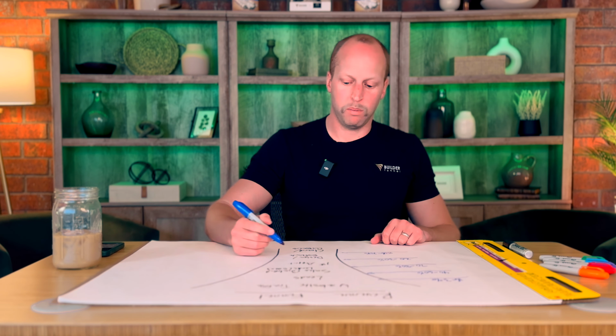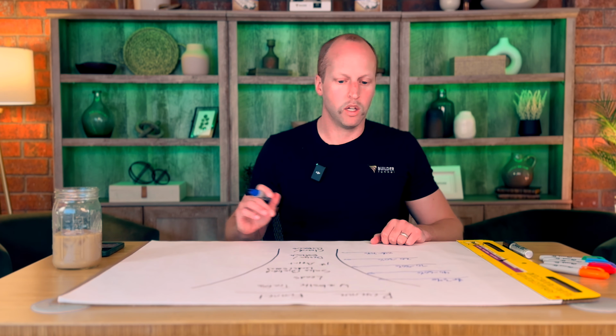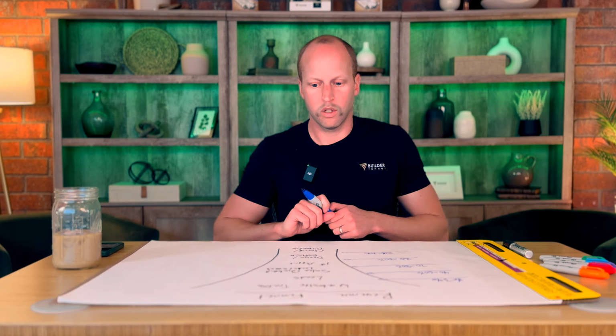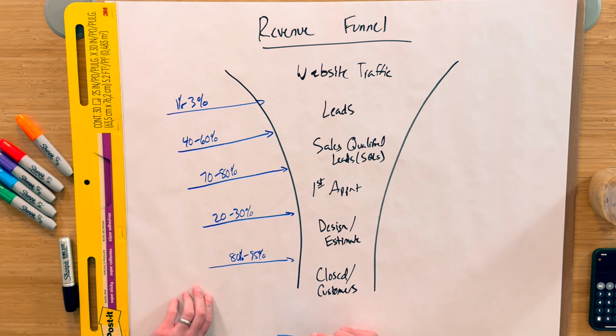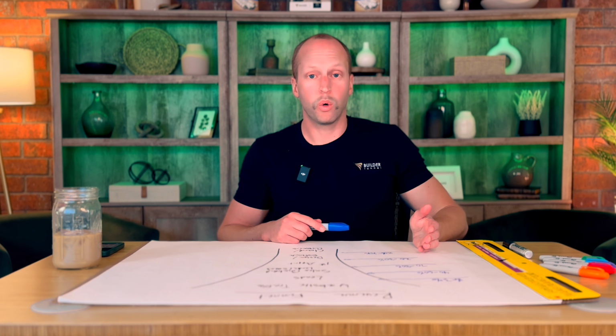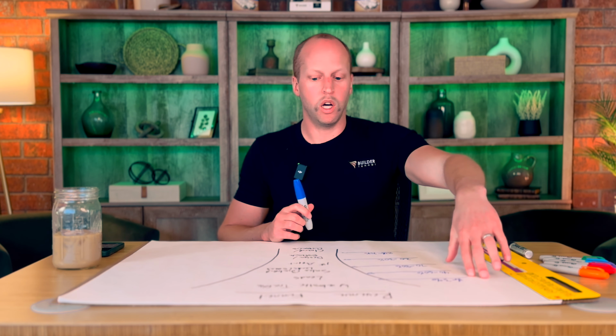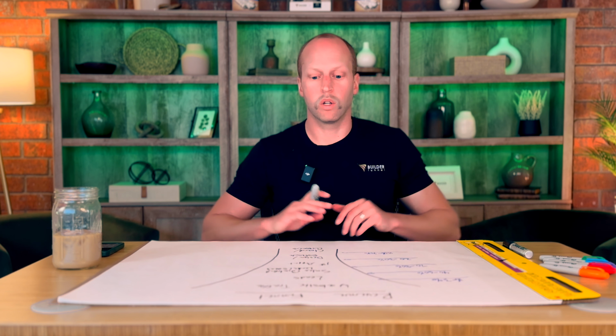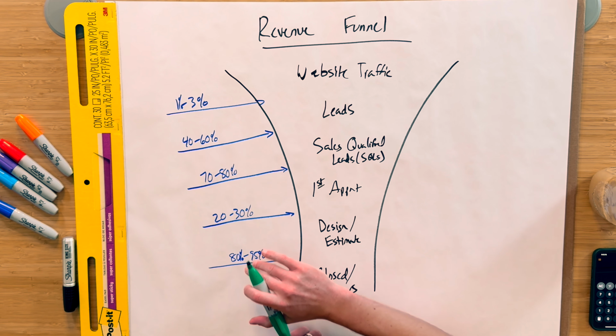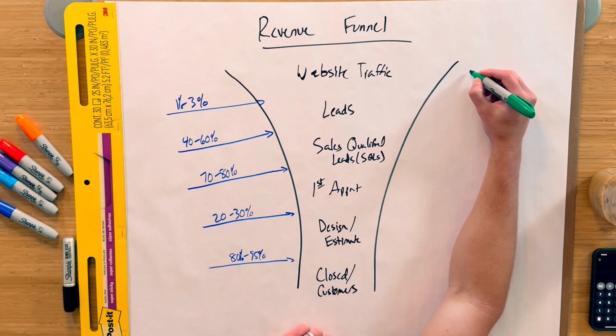We want most everyone that moves into design moving forward with construction. Okay, so these are some general guidelines. Obviously, context is going to matter, but this will help you quickly identify if you are below any of these benchmarks, then that is a spot to dig into a little bit further. So these are our benchmarks, and then we're going to look at a real example.